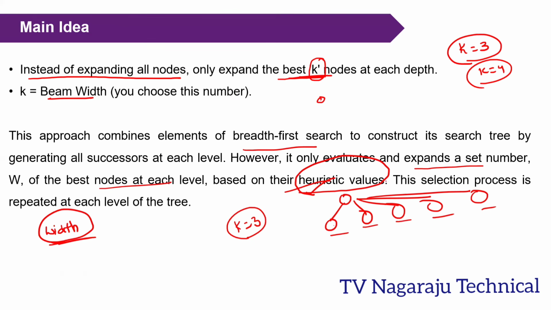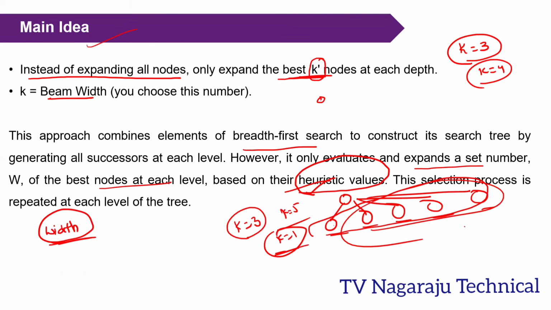For example, if my k value is equal to 5, that means I am considering all the nodes. Then what is the use of beam search? Suppose my k value is equal to 1. A smaller k value means we may lose the important nodes. So the selection of beam width plays a very crucial role.